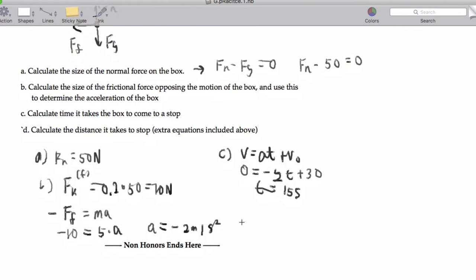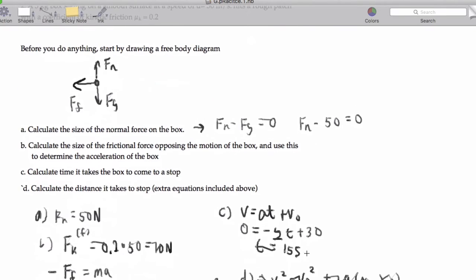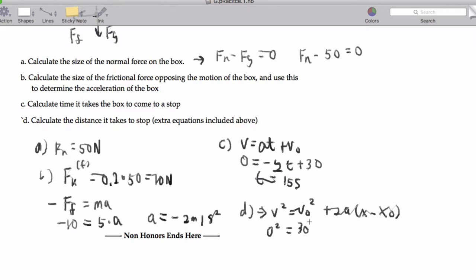Lastly, let's get the distance it travels before it stops. So we could say v squared is v naught squared plus 2a times x minus x naught. Putting in our numbers, we end up with a speed of 0, squared, equals 30 squared plus 2 times negative 2 times x minus 0.